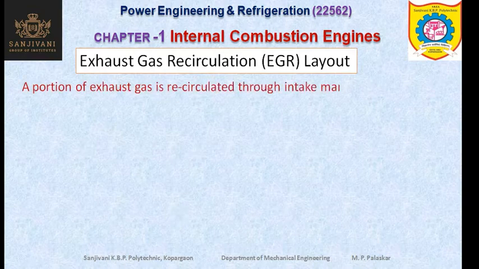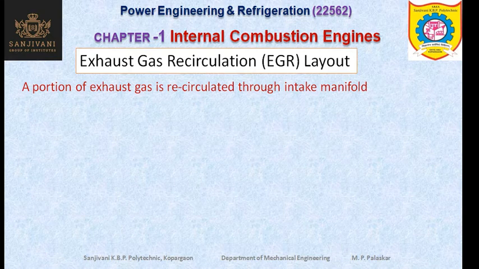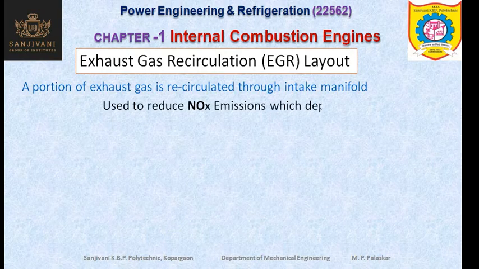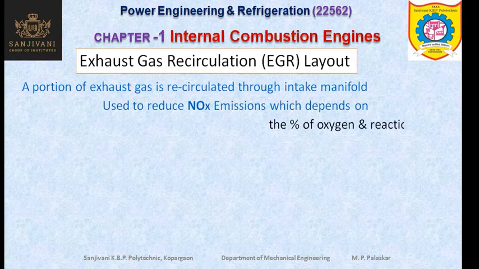So a portion of the exhaust gases is recirculated through the intake manifold. A small portion, maybe something like 10%, 5%, 12%, is sometimes recirculated or redirected to the engine, that means recirculated through the intake manifold, and this is done to reduce the NOx emissions.